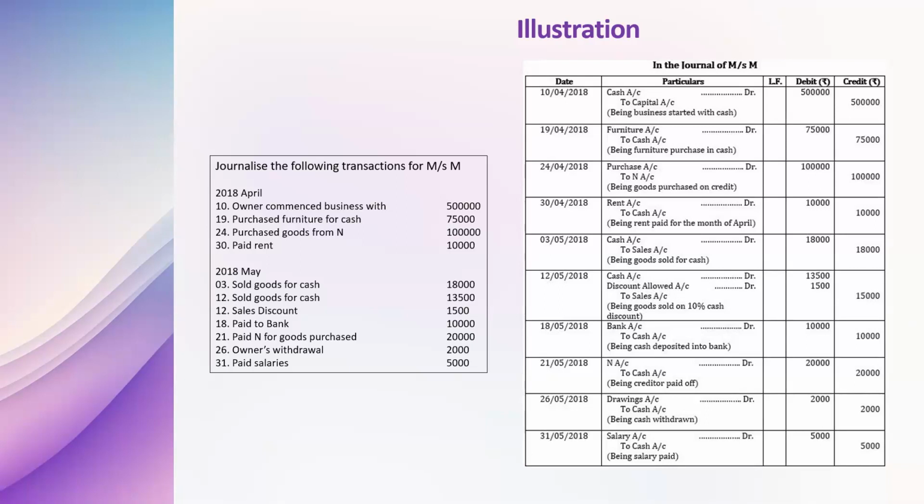It should be in the same column to avoid any confusion. When you add up these, it comes to 15,000, and there is the corresponding credit for 15,000. So it is balanced here.